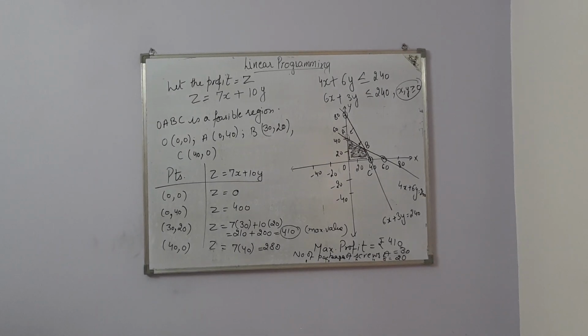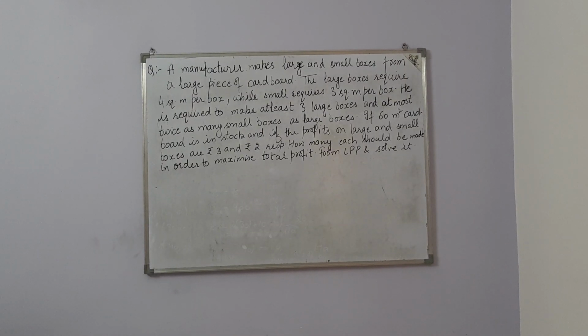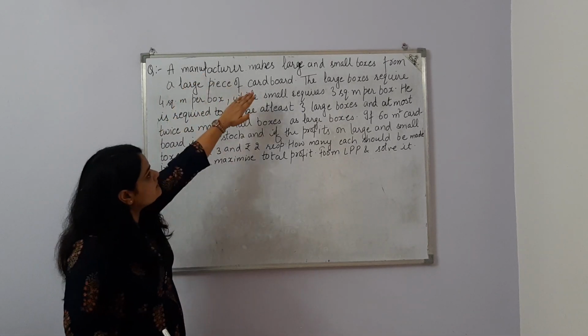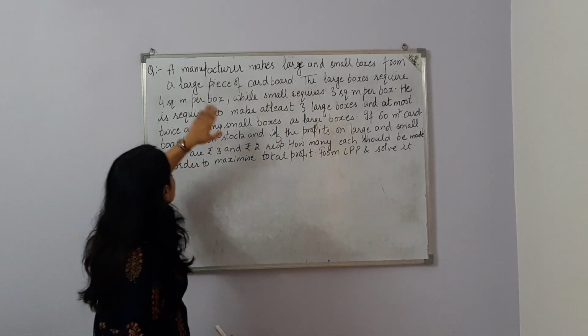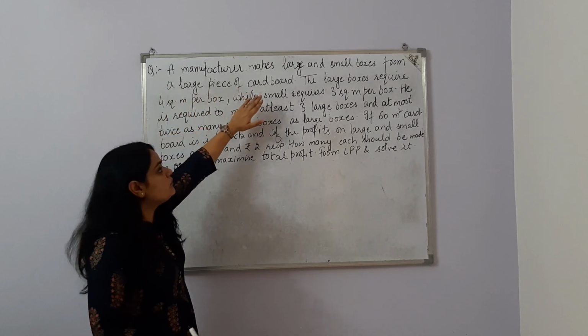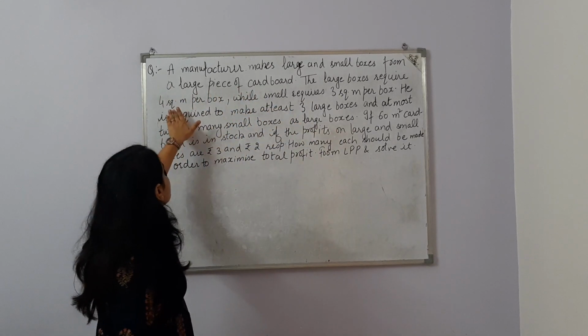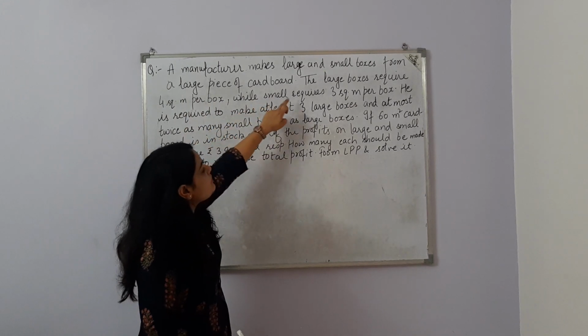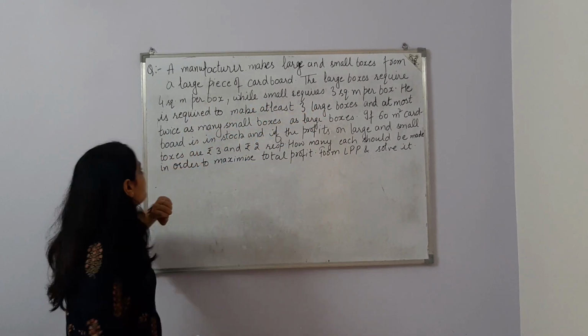Now the next question is, a manufacturer makes large and small boxes from a large piece of cardboard. The large boxes require 4 square meter per box, while small requires 3 square meter per box.